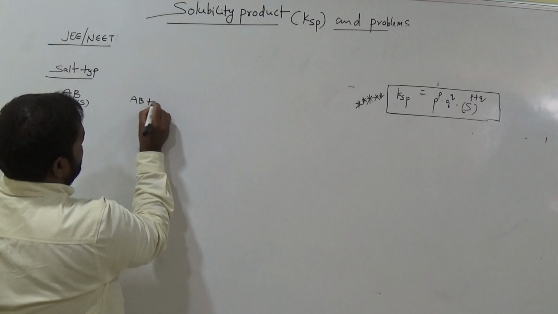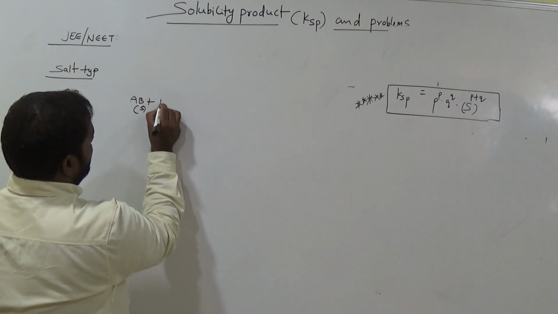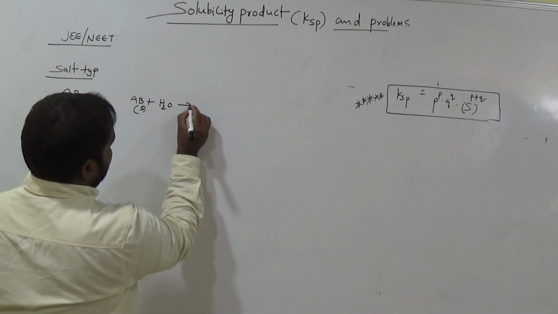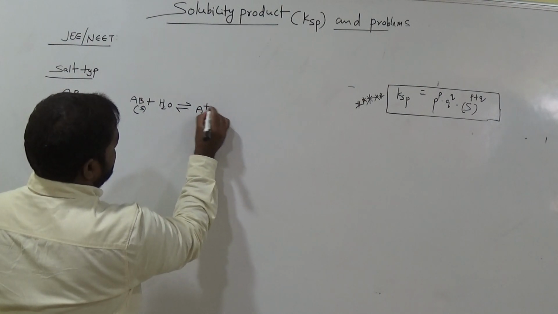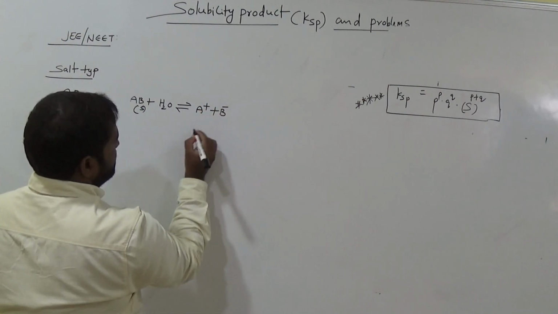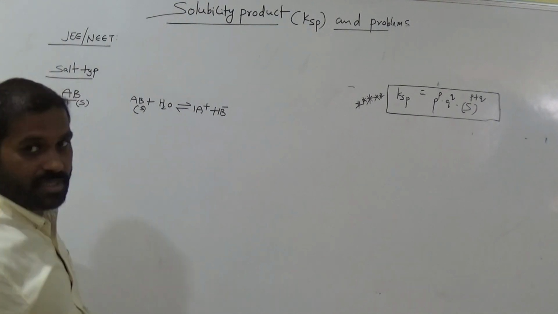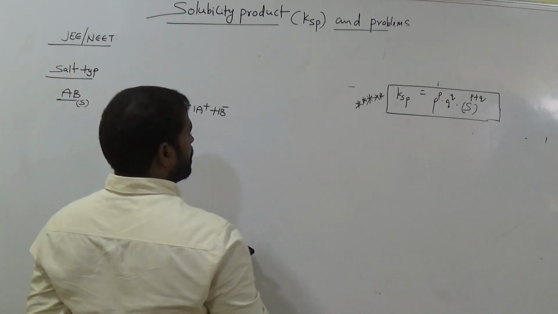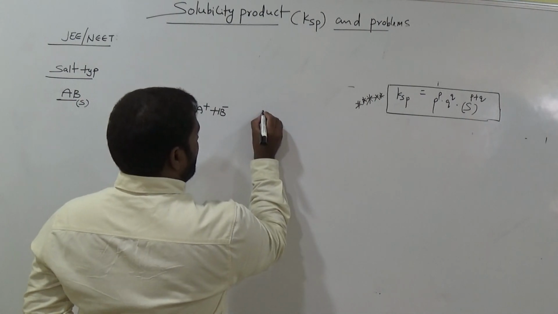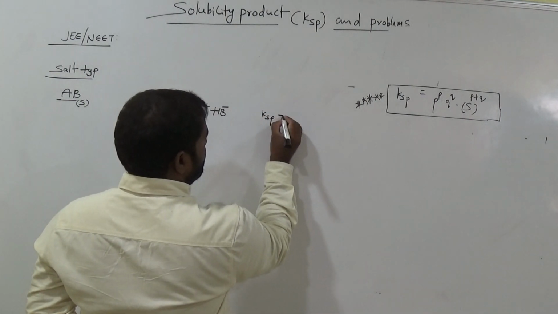A plus B minus, which is solid, and in water how is it ionized? A plus B minus. What is the coefficient? 1, 1. Am I right? Clear? All of you? Now in this case, Ksp is equal to how much?